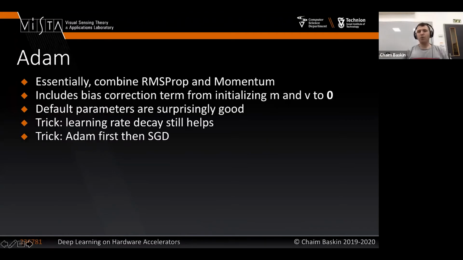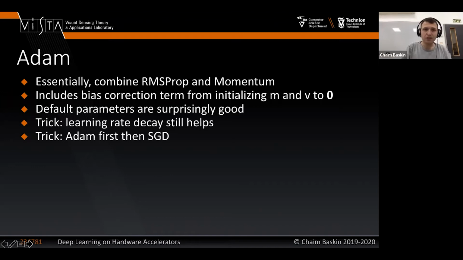Okay, so we talked about Adagrad and about RMSprop. Now we will talk about combining RMSprop, which is the best algorithm we have seen for using an adaptive learning rate for different parameters, with momentum, because we have seen that momentum can avoid some saddle point and local minima problems.